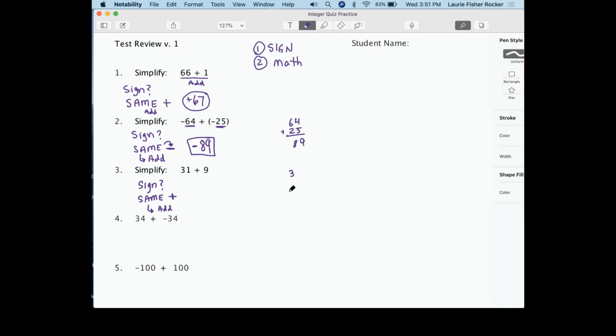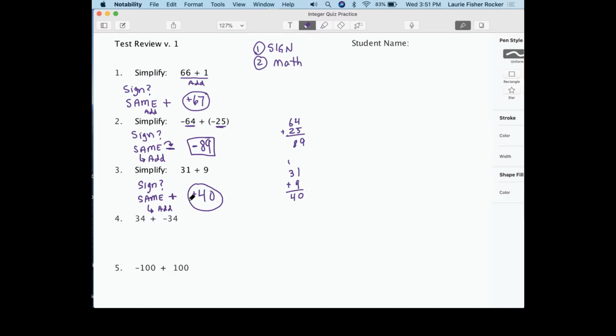What is 31 plus 9? Oh, that's 10, carry the 1, 4. So it's going to be 40, and we know it's positive. I can put the positive there, or I can just put 40. It's invisible math. It's implied that if I put 40, it's positive. Okay, so that's how to deal with those that have same sign.